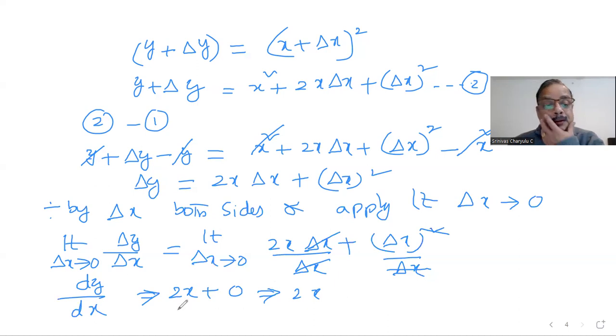So when function is y is equal to x square, what you got now? y dash, meaning differentiation, is equal to 2x. Hope you understood this. Similarly, you can say for y is equal to x cube, the same way we can do.